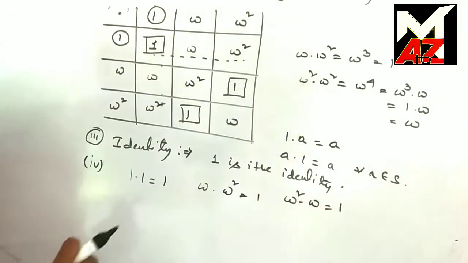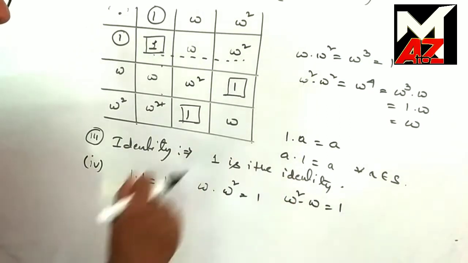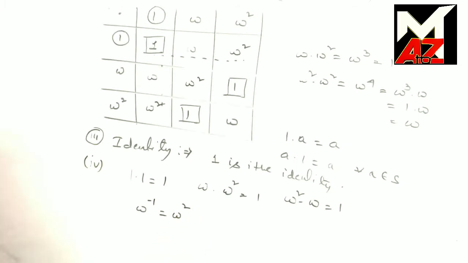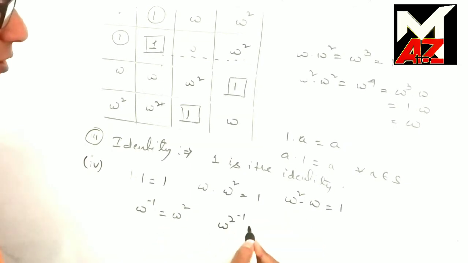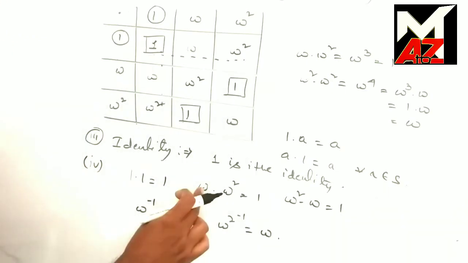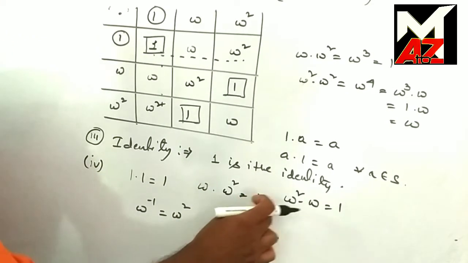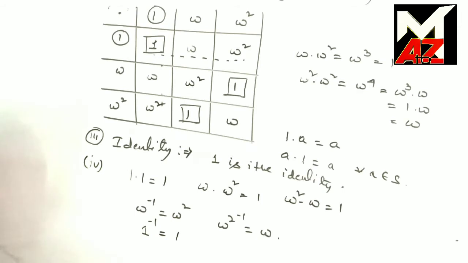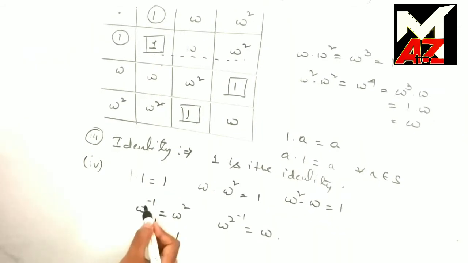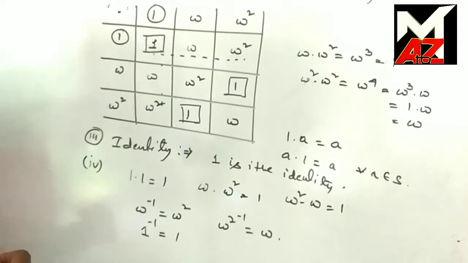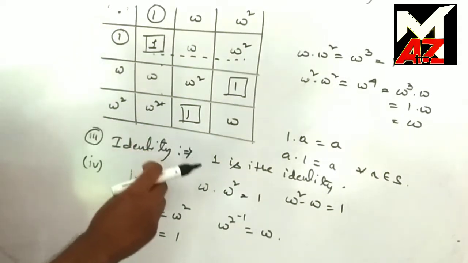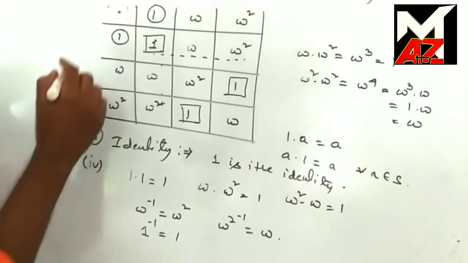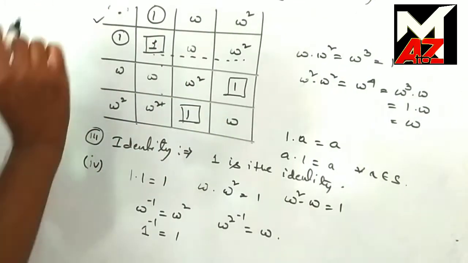These three relations give us that omega inverse equals omega square. Also omega square inverse equals omega, because omega into omega square gives unity and omega square into omega gives unity. And also 1 inverse equals 1. So 1, omega and omega square have inverses, so the inverse property also exists. So this forms a group under usual multiplication.